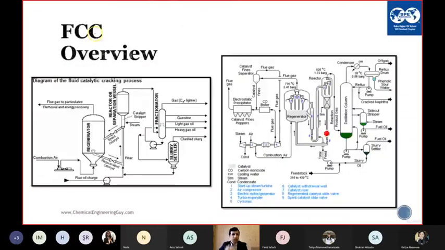Before starting the overview of the process, CDU and VDU are separation based on the boiling point. That's why they are physical processes. However, we will talk about FCC, CCR, hydrotreating. These are chemical processes.